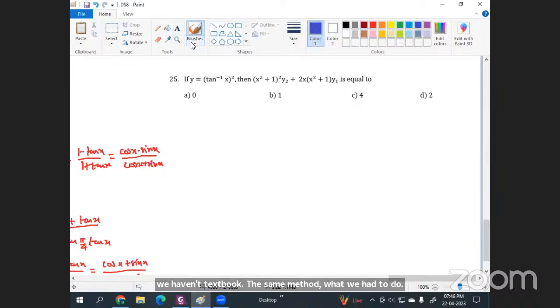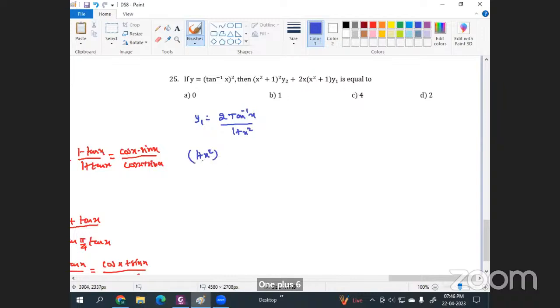Because it's a second derivative function, y equal to tan inverse x whole square, then y1 equal to 2 tan inverse x by 1 plus x square. And 1 plus x square into y1 equal to that. Whenever we have a denominator, we cross multiply and differentiate once again. 1 plus x square into y1, again the UV rule. 1 plus x square into the derivative of y1 is y2.